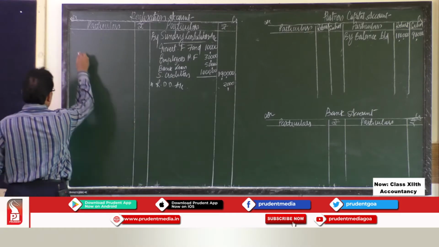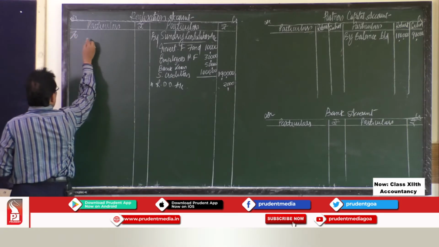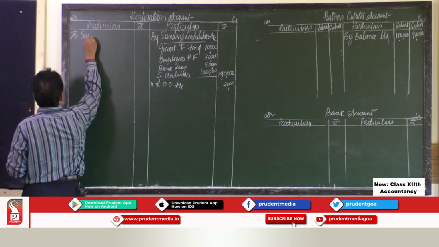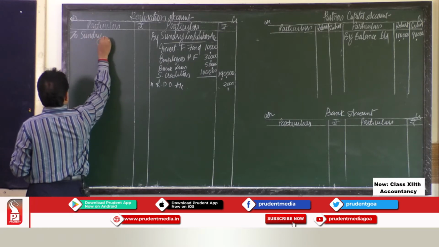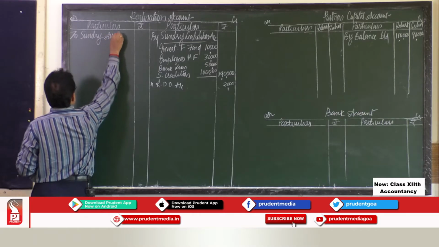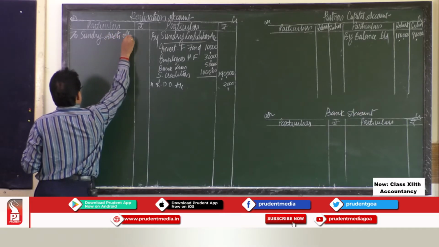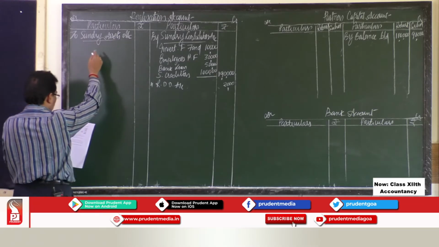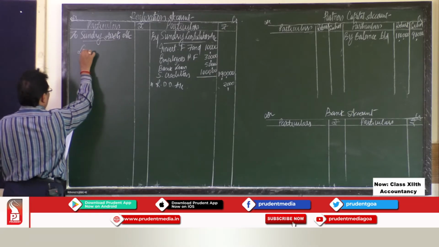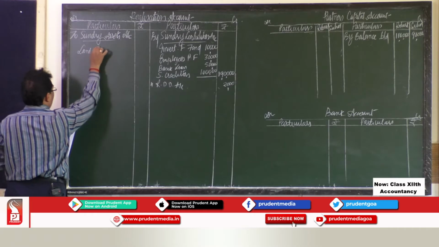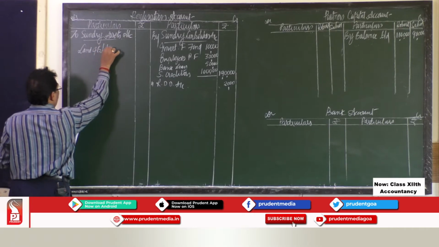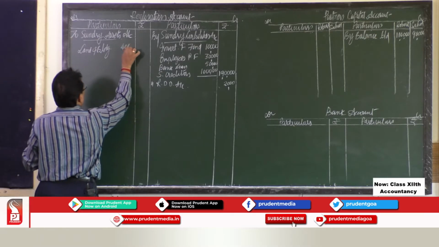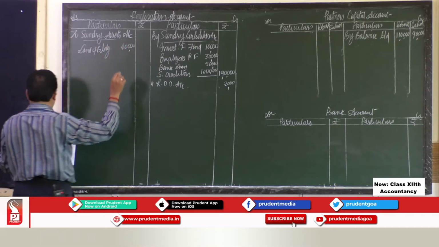Then all assets are to be debited to your realization account. So, to sundry assets account, under this you have to list out all those items. Land and building is rupees 40,000.